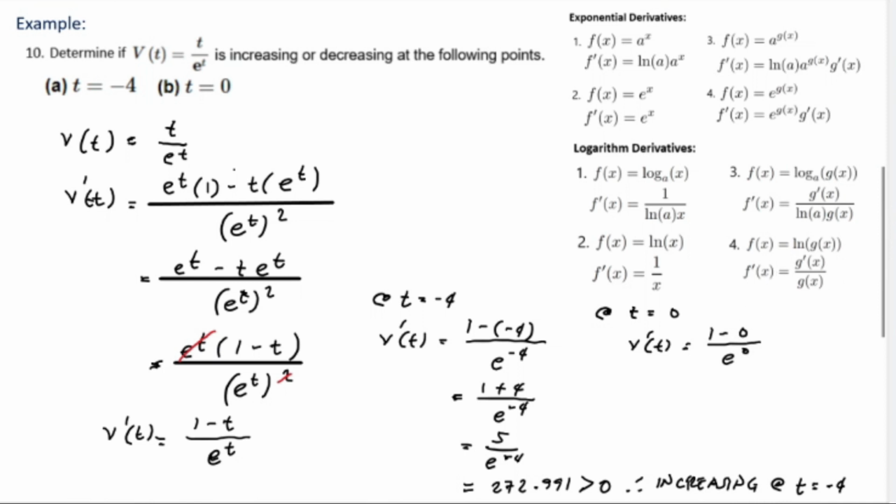The value of e to the 0 is equivalent to 1, so we have 1 over 1, or 1, which is greater than 0. Therefore, at t equal to 0, the function is also increasing. So this is the solution.